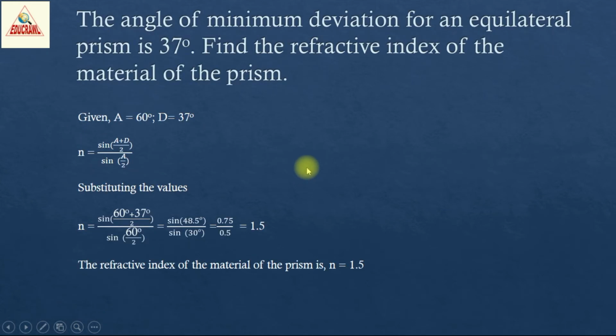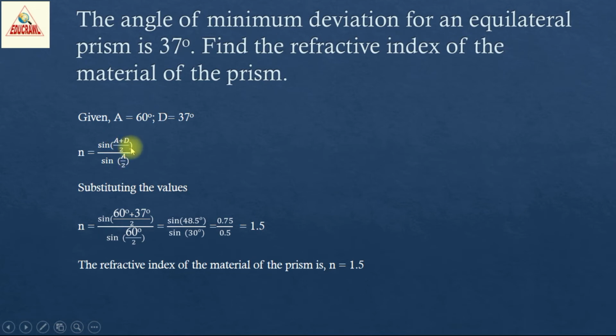Now here is a problem for finding the refractive index. The angle of minimum deviation for an equilateral prism is 37 degrees. So D is given as 37 degrees. It is an equilateral prism, so the angle A is equal to 60 degrees. We have to find the refractive index of the material of the prism. You know the formula, refractive index N is equal to sin((A plus D) by 2) divided by sin(A by 2).